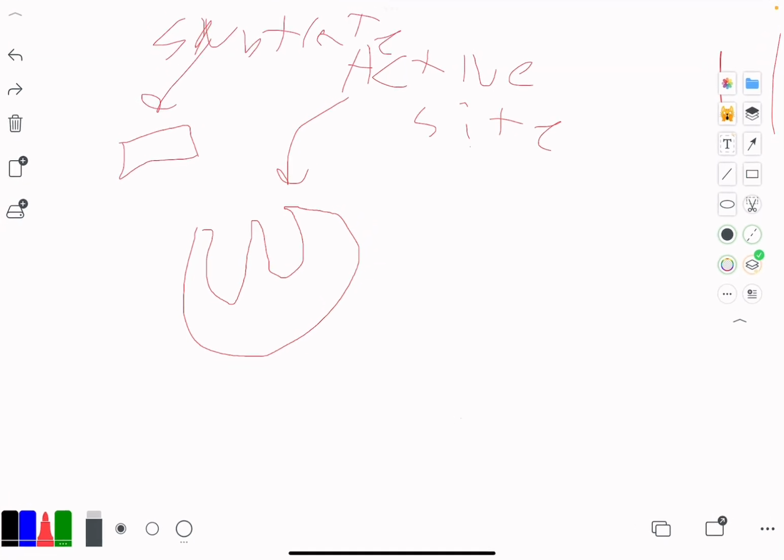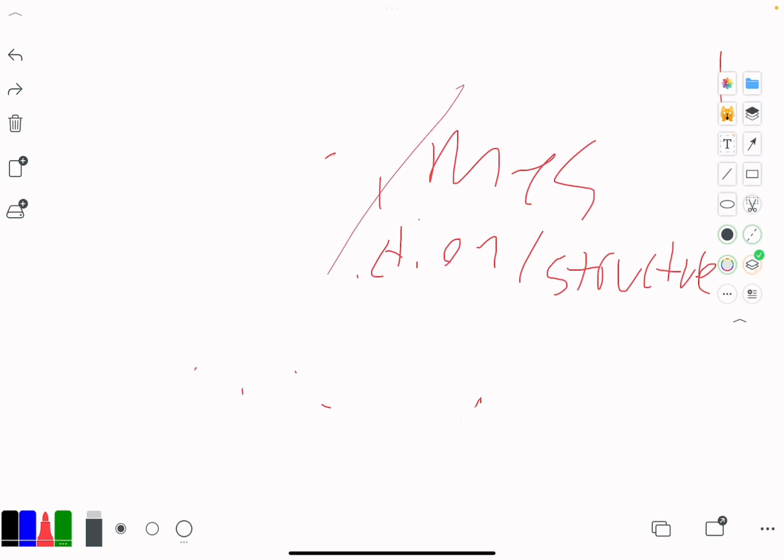Whenever a substrate comes in contact with the active site of an enzyme, it begins catalyzation.